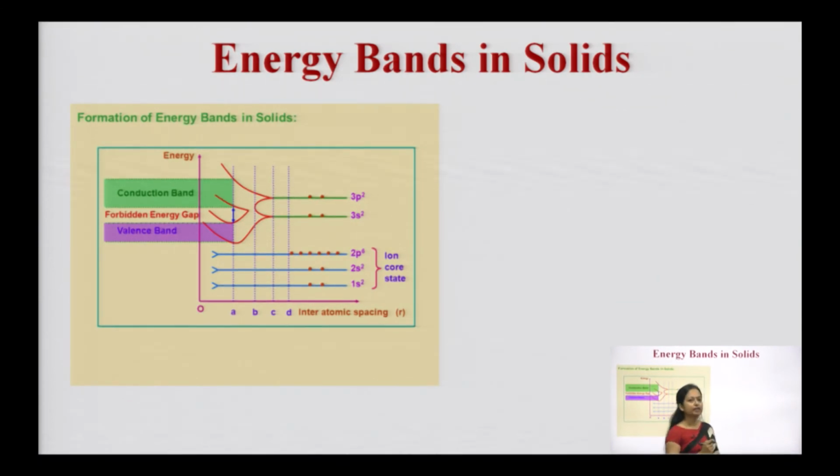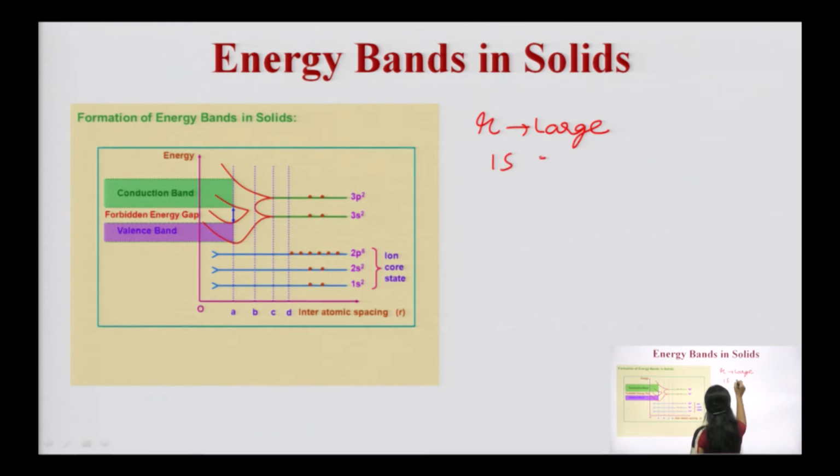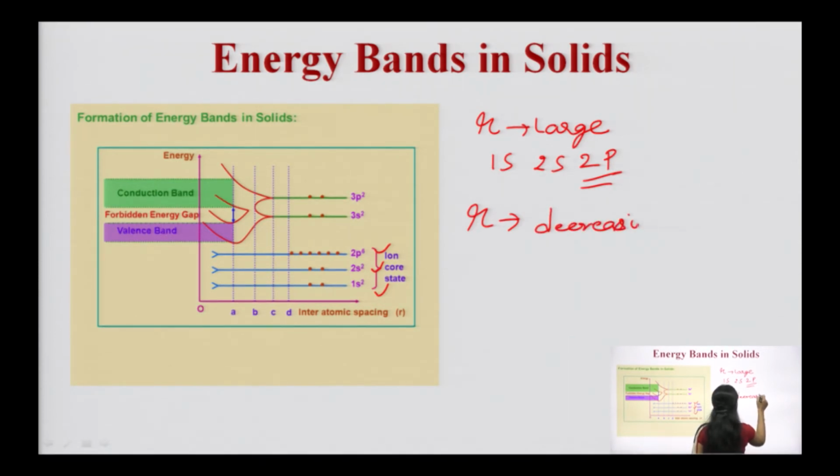Now moving on, you need to relate it with the interatomic distance as well, how it varies with the interatomic spacing. As you have studied, when this distance is large, you can see the levels are discrete. Discrete levels means 1s, 2s, 2p, all these are discrete levels. But when this interatomic spacing is decreasing, and you know the concept of splitting as well, the splitting starts from n equal to 3.